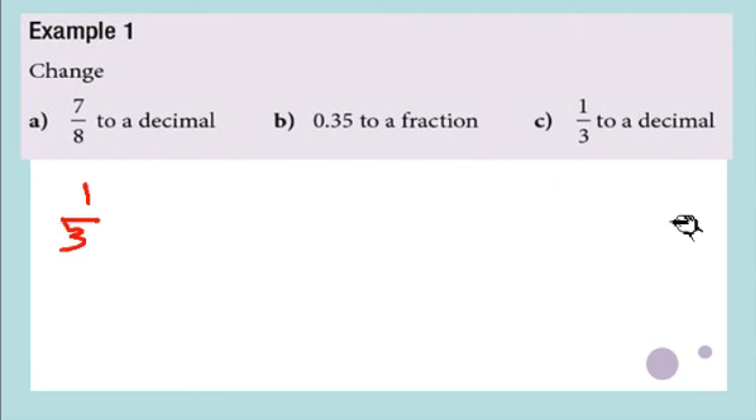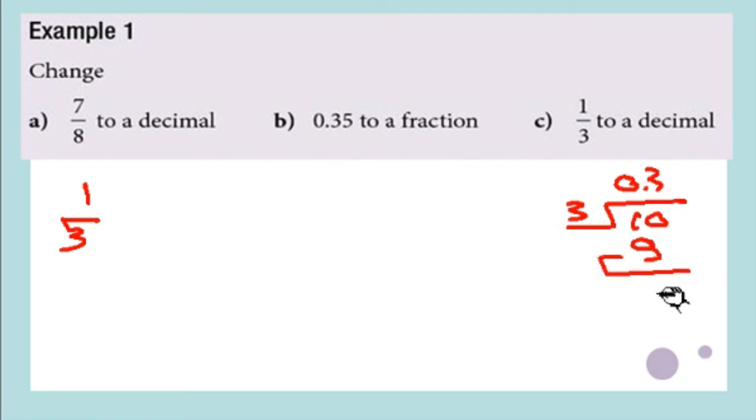Try to change it to decimal. Long division. 0 and 1 less than 3. Point. 10. 3 by 3 equals 9. 10 minus 9 equals 1. Again 0. 3 by 3 is 9. Oh my gosh, sorry. 1.